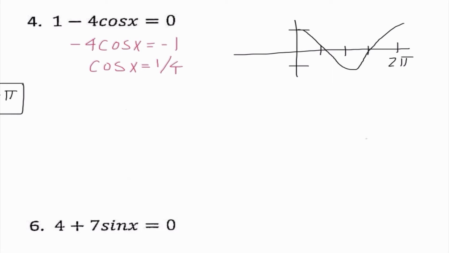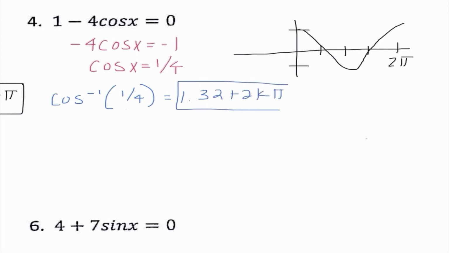Okay, so I know to get my first answer, I'm going to do cosine inverse of 1/4, which is 1.32 plus 2k pi. Okay, so I really figured out that this distance right here is 1.32. Now I know this distance from 2 pi to our second answer is also 1.32.